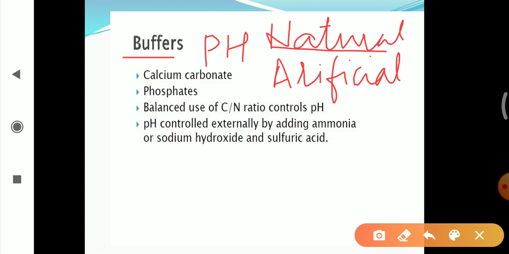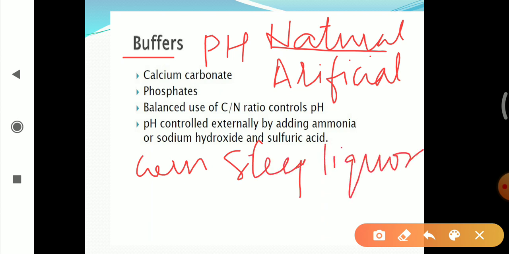An example of a natural medium that functions as a buffering agent is corn steep liquor. Corn steep liquor contains peptides and amino acids that help to maintain the pH of the medium.